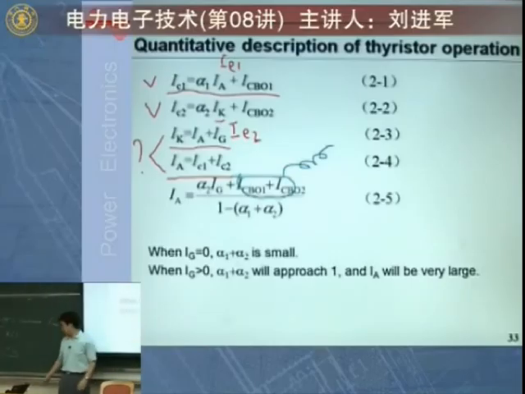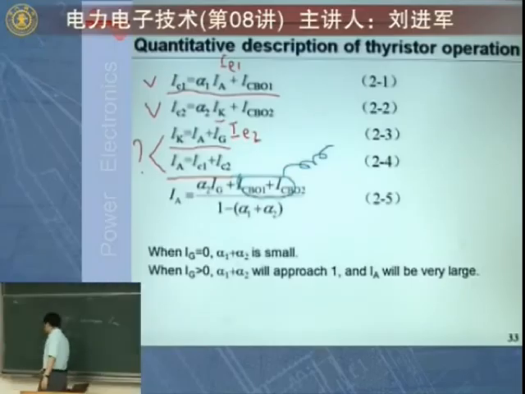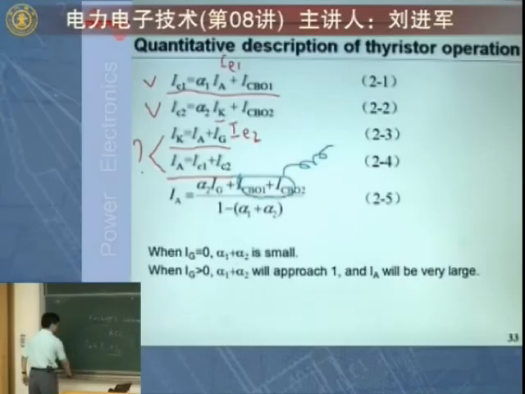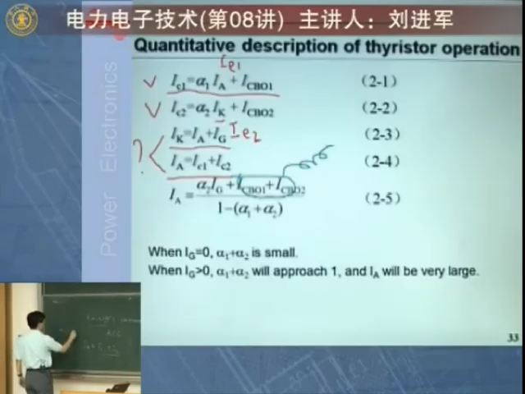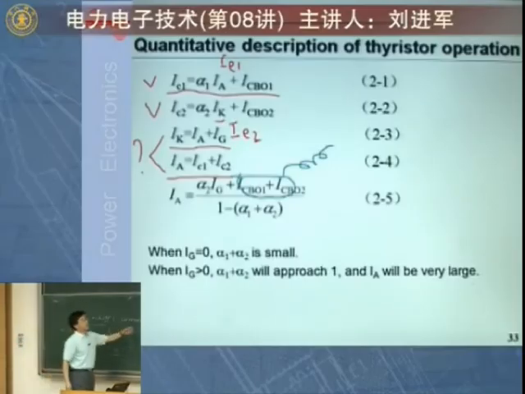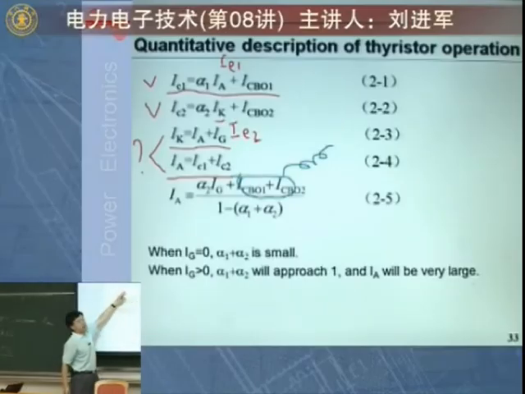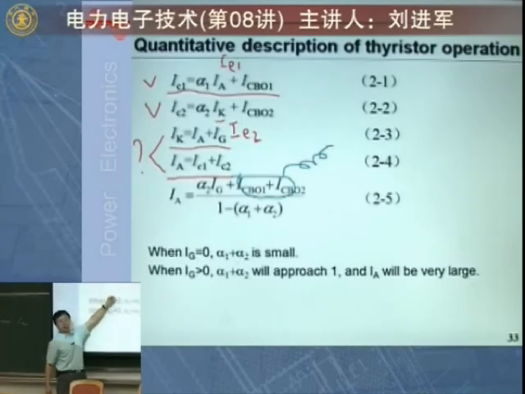Or in the beginning, when you inject a small current of IG, both alpha 1 and alpha 2 are very small. And therefore, IA will also be very small.